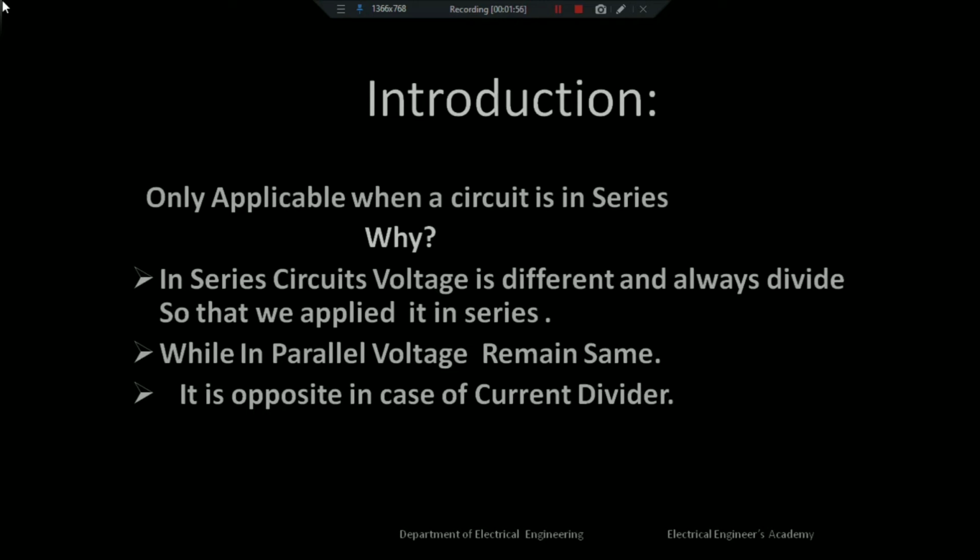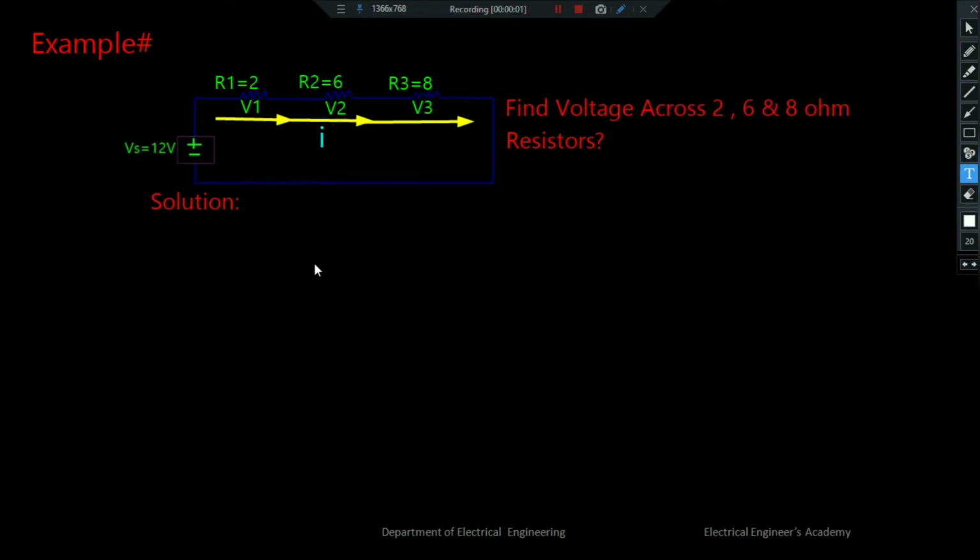Now students, we will discuss the example of voltage divider law. In this example we need to find voltage across 2, 6 and 8 ohm resistors. Firstly I apply Ohm's law at V1 to find voltage across the 2 ohm resistor.